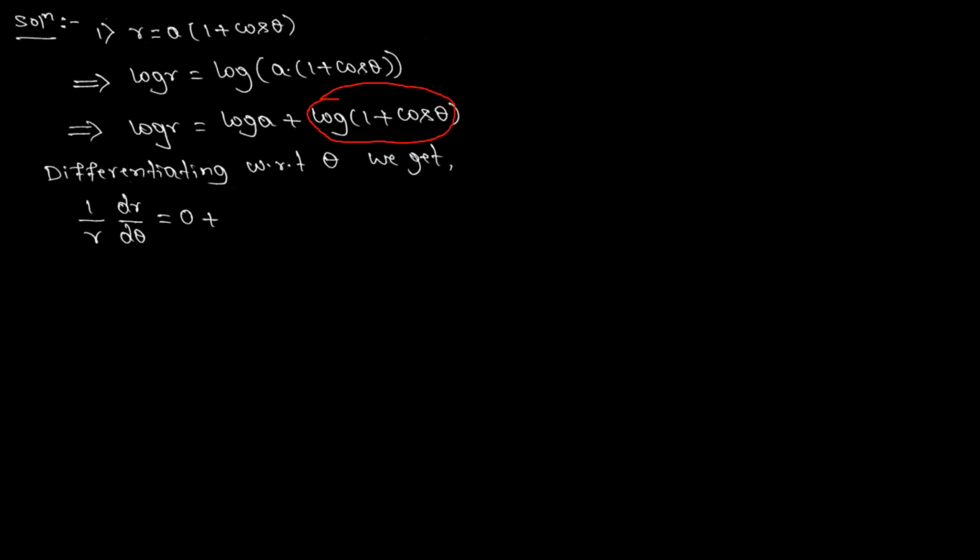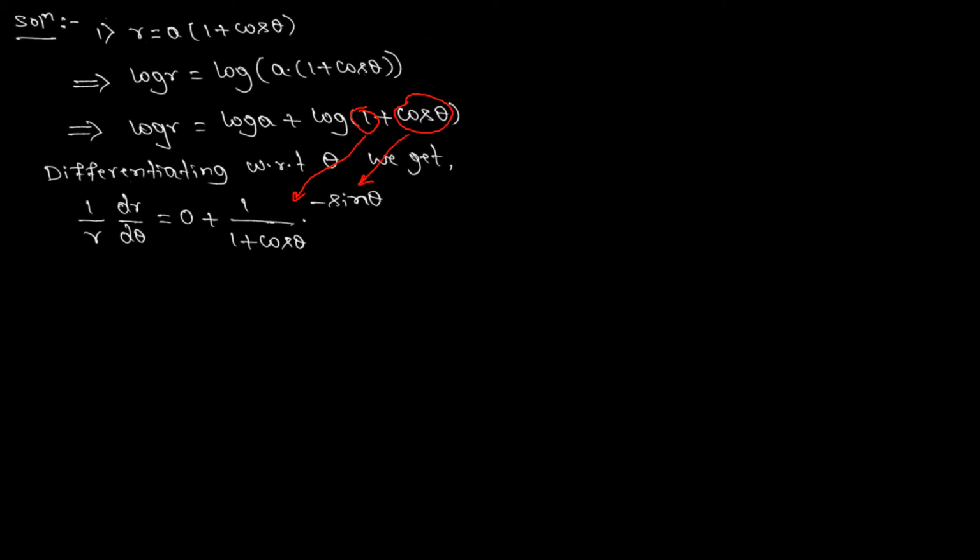So here we need to use the chain rule, which says differentiation of log function is 1 by 1 plus cos theta into differentiation of 1 plus cos theta. If you differentiate 1 plus cos theta, differentiation of 1 will be 0, and differentiation of cos theta is minus sin theta.